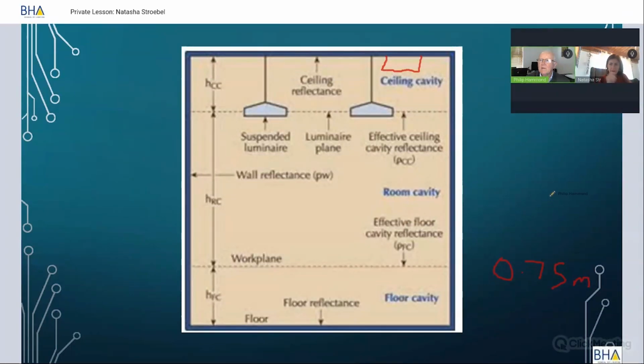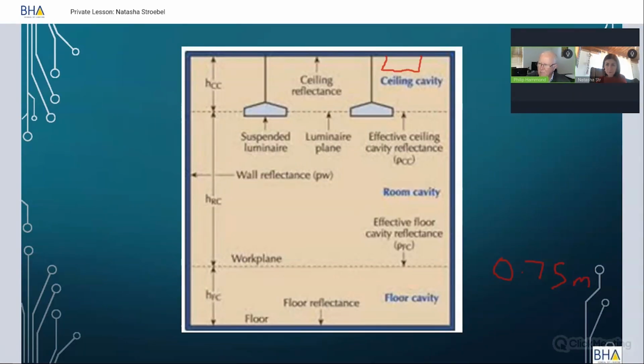Can I ask a question? Yes. So let's say this is an office. What happens if it was a factory with regards to the floor cavity? Well, in this method, we'll always use 0.75, because even if it's a factory, remember, the room is empty.